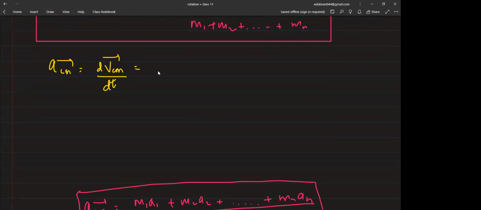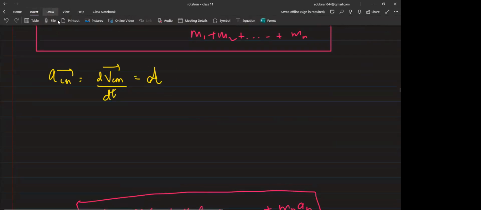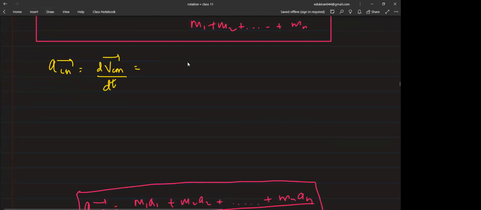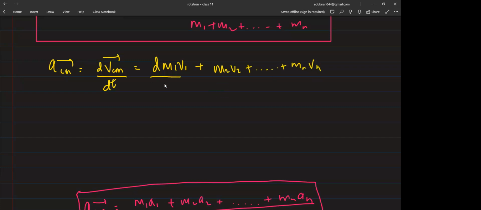What was vcm? Vcm is d of m1 v1 plus m2 v2, so up till mn vn over dt. And yes, total mass is also there in the denominator.